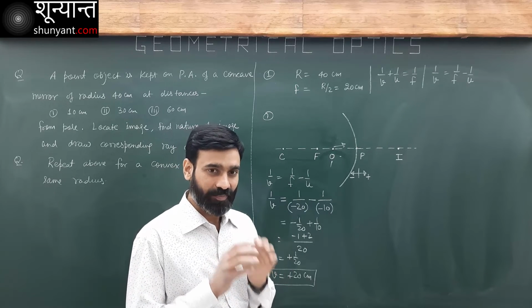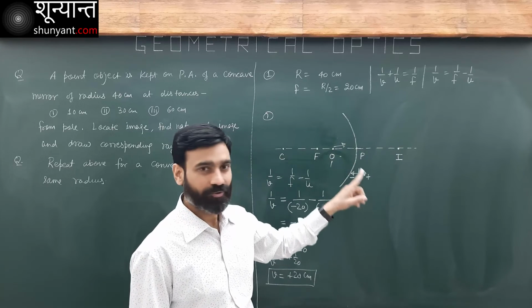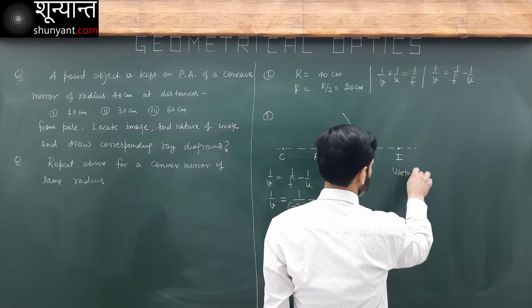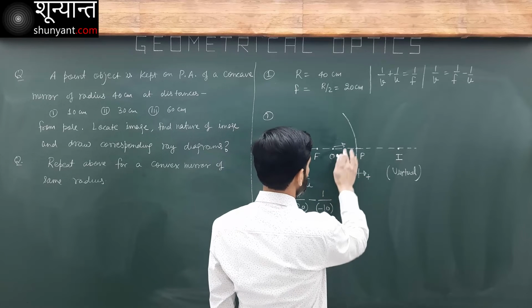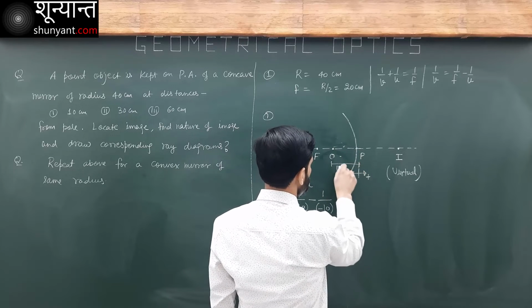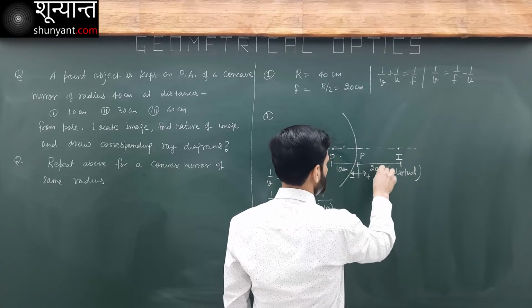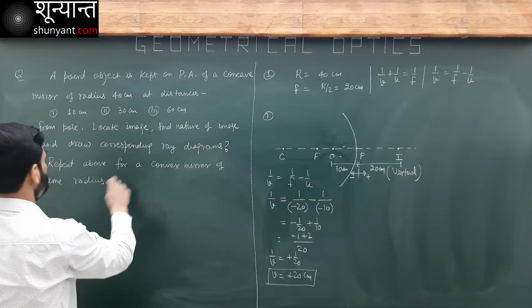Reflected light can meet only to the left, they cannot meet to the right. That means this is going to be a virtual image. What will be the distance? This distance is 10 centimeter. This distance is going to be 20 centimeters.